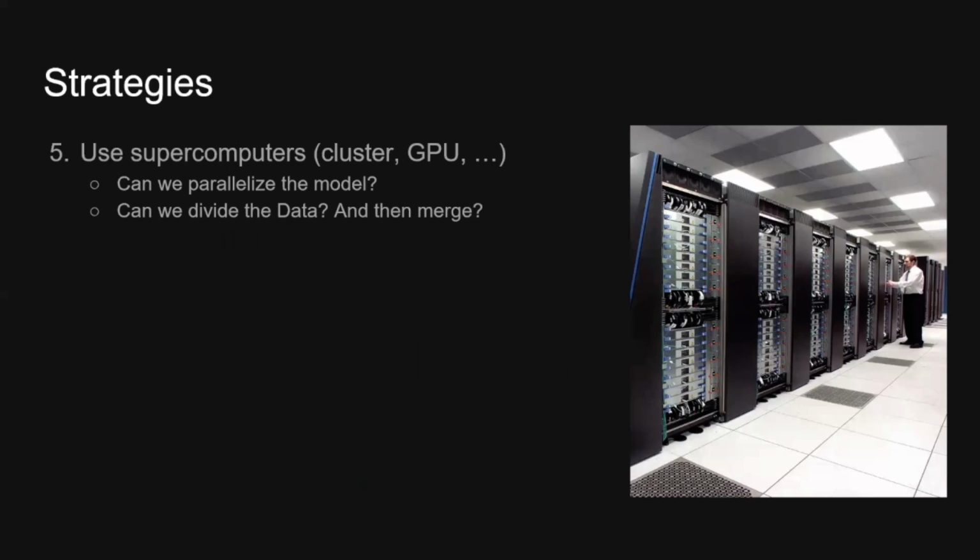In case you have a large amount of computational resources, then that's great. Then what you have to think about is, can we parallelize the model? In other words, can I decompose a big problem into smaller pieces that I can distribute to different computer nodes without any dependency across those distributed tasks?